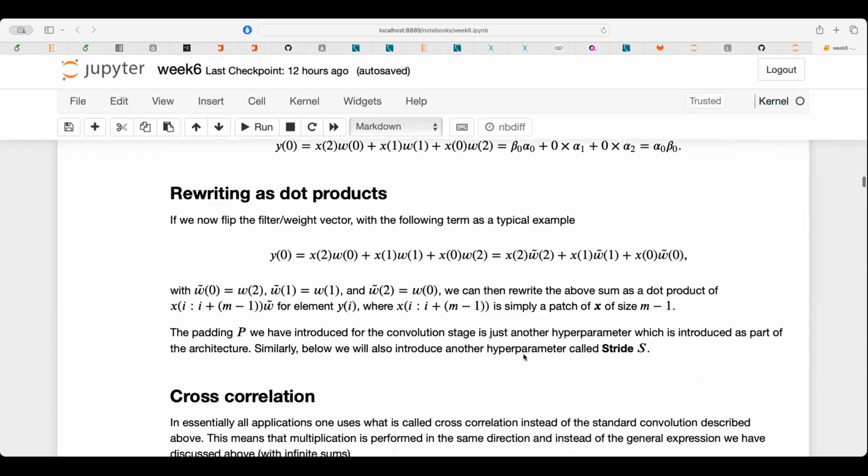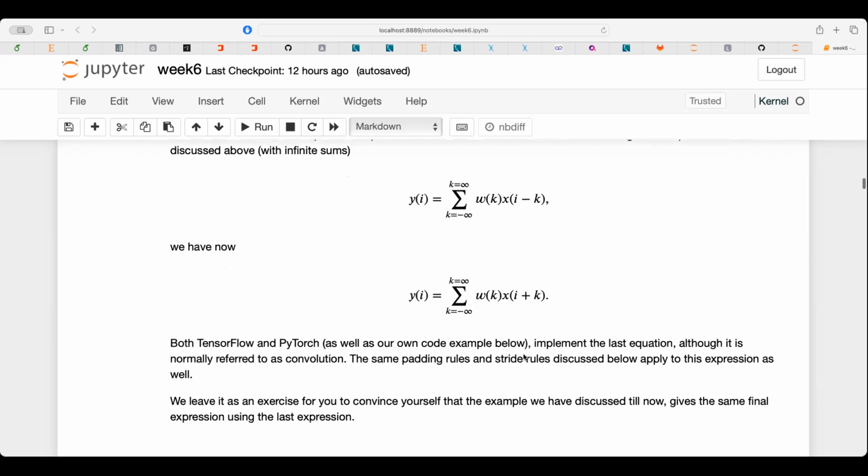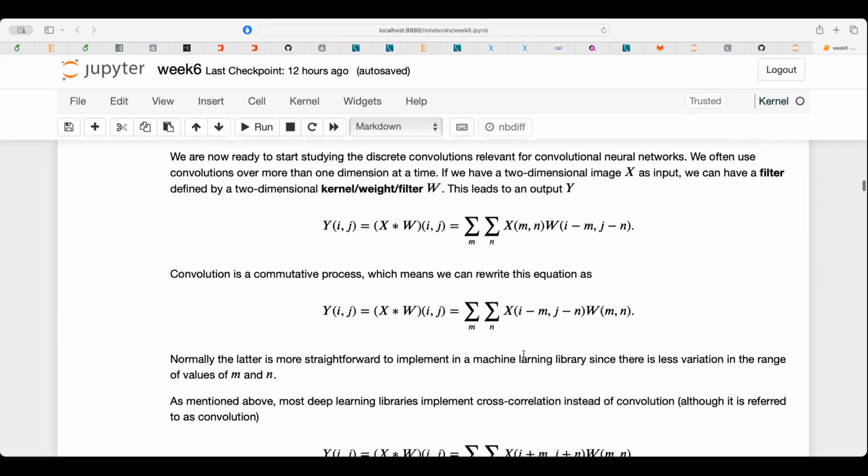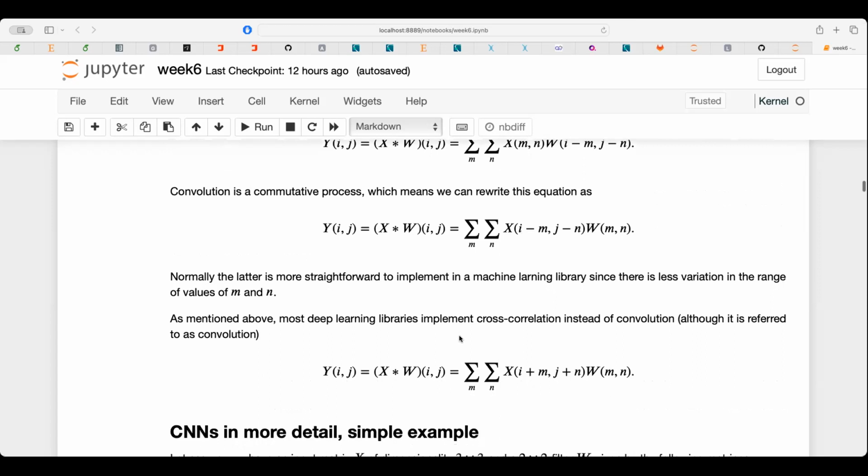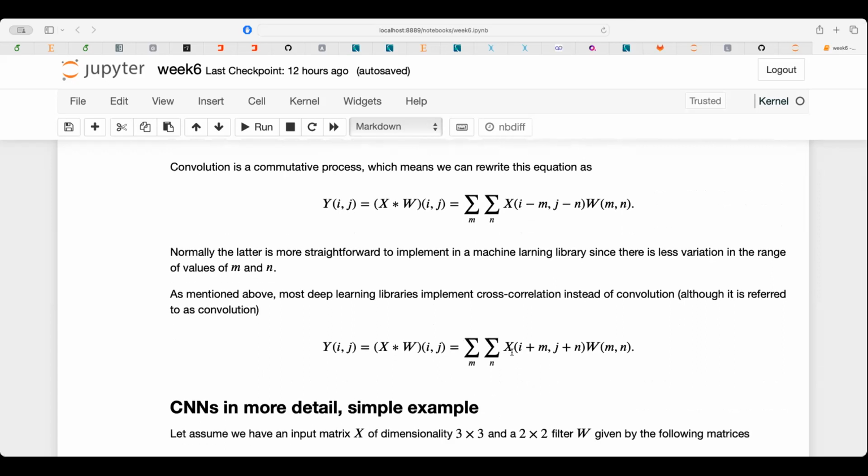So I hope you don't mind if we demystify some of these things, because normally what you would see in basically all textbooks with applications is that we implement this with no further explanations. And typically, if you then use cross correlation here, this is what you implement.